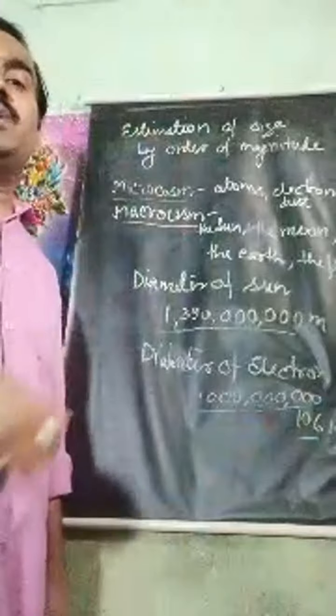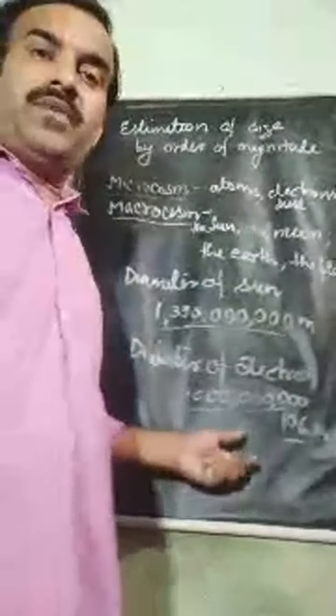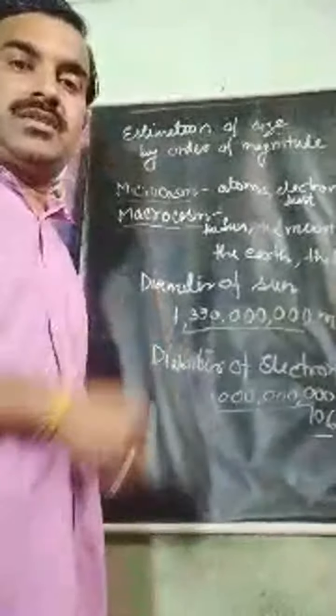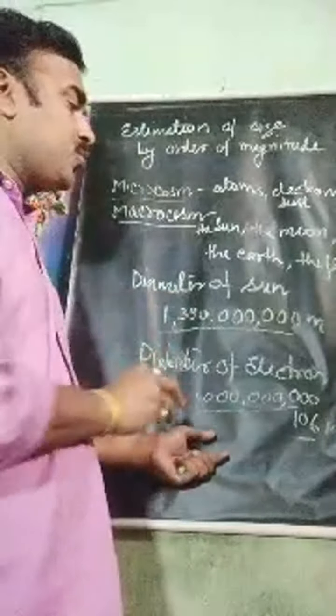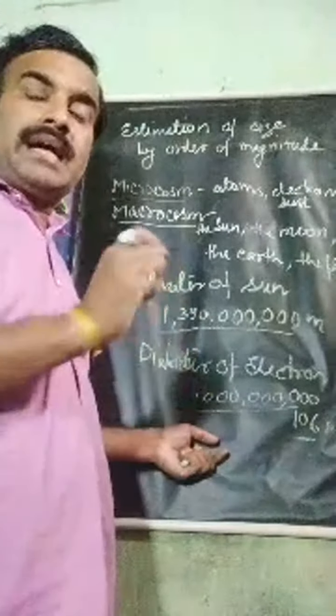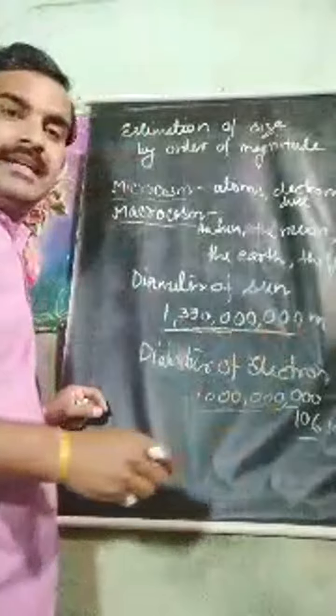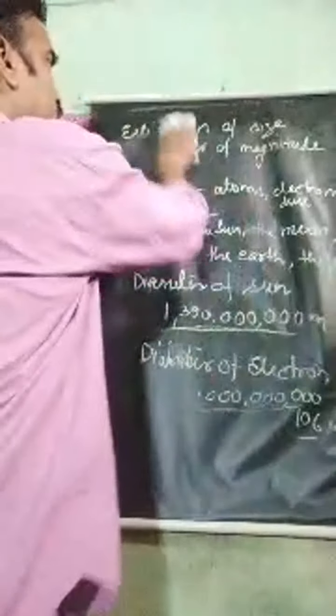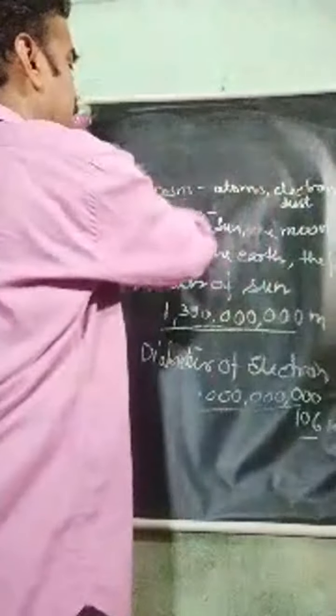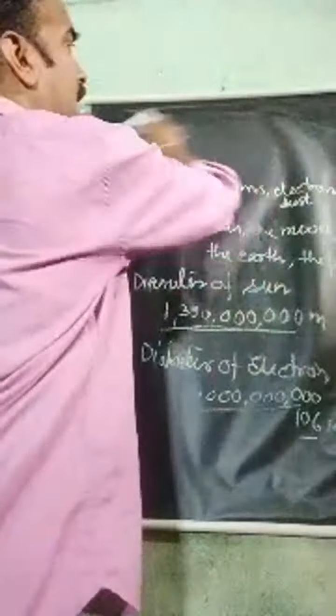Now it will be quite difficult for us to read this one. To solve this problem, we have to write it in the numeric form as well as in the exponential form.